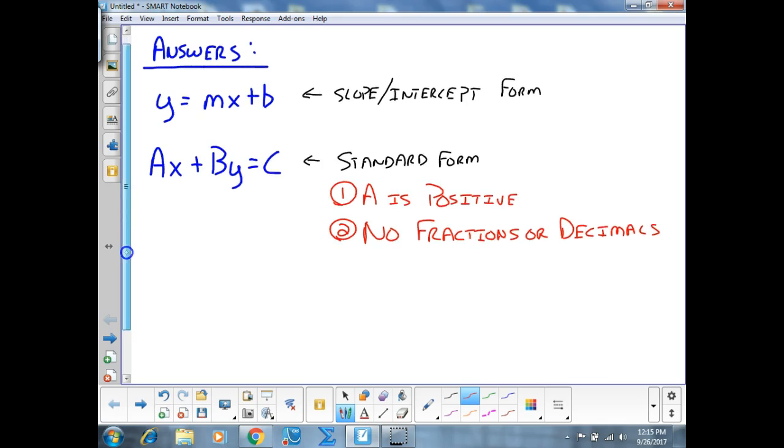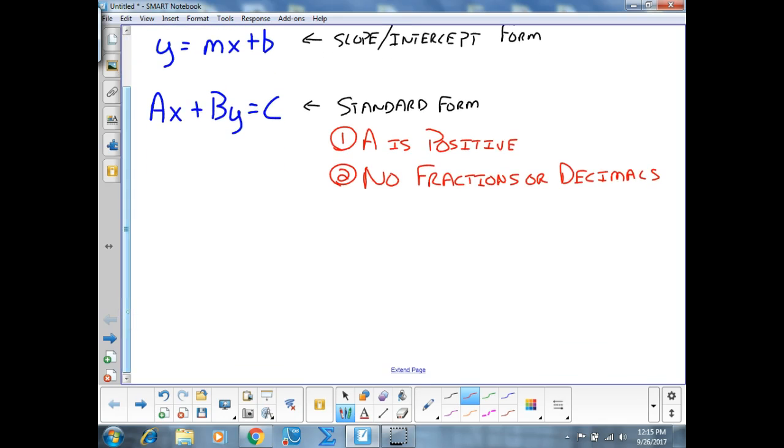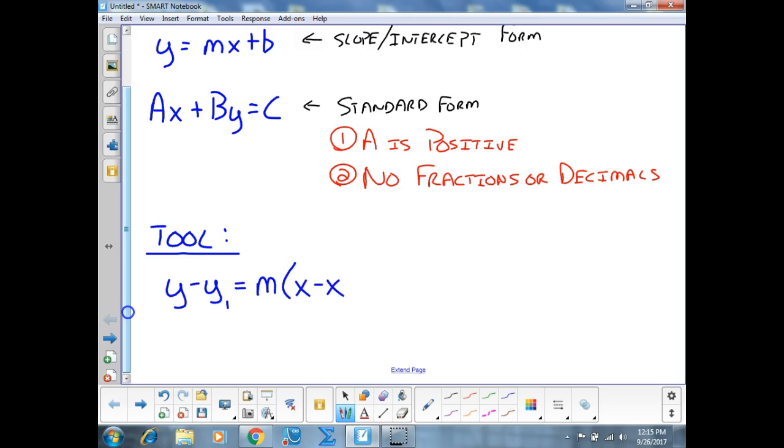So then in order to get that, the tool that we have in our toolbox to get there is the point slope form. Okay? y minus y sub 1 equals m times the quantity x minus x sub 1. That is the point slope form.